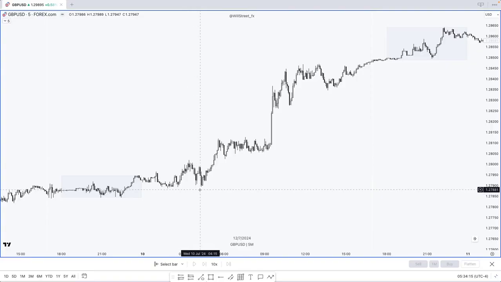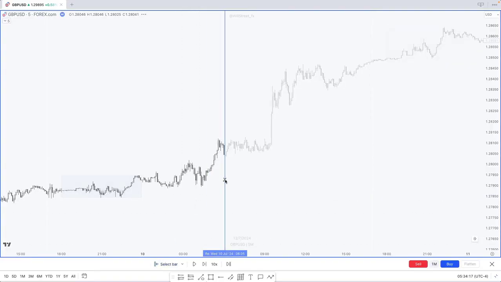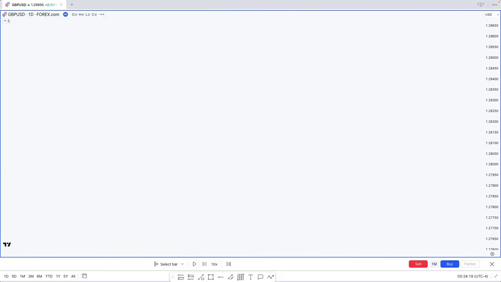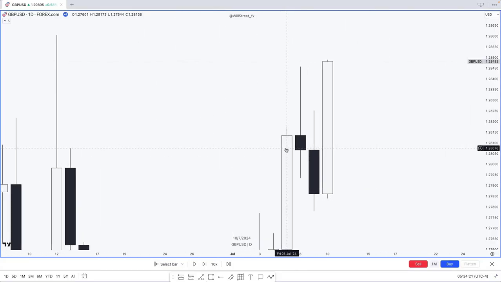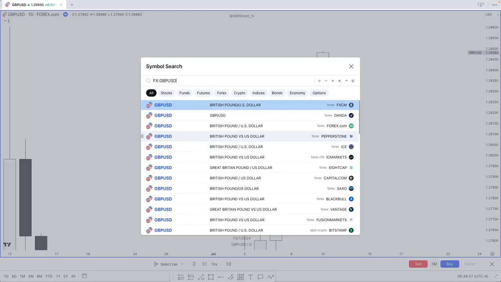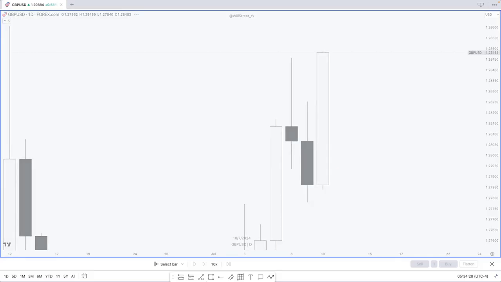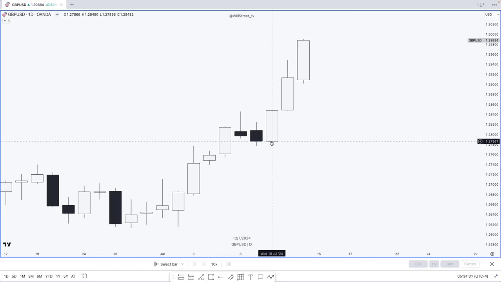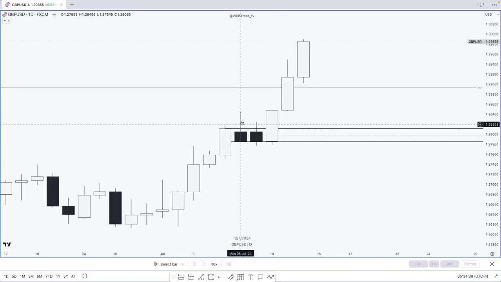Okay, Wednesday. Doesn't look like a range in Fibonacci. Look at this. This looks like a range.